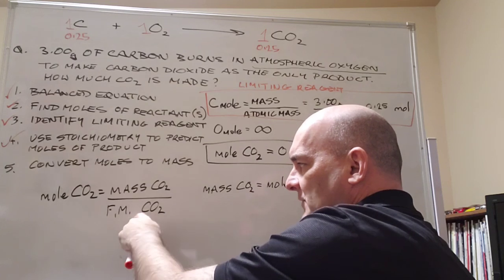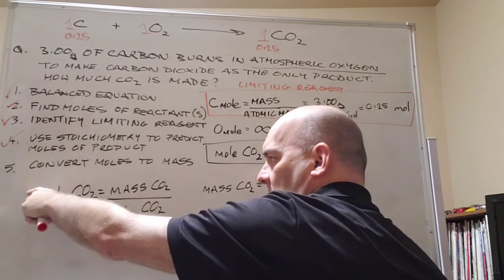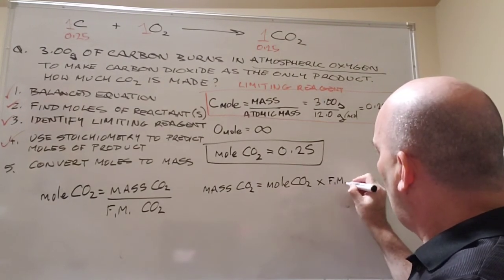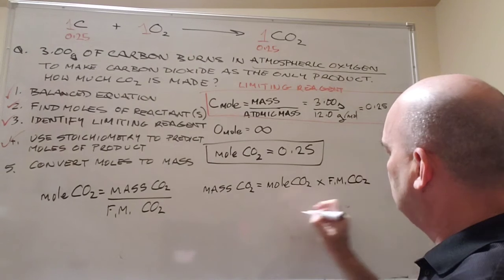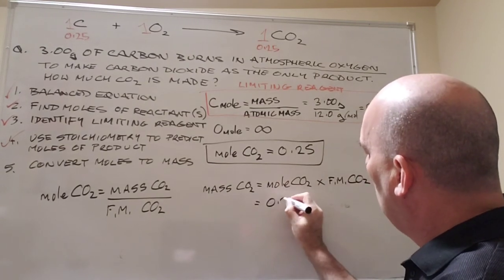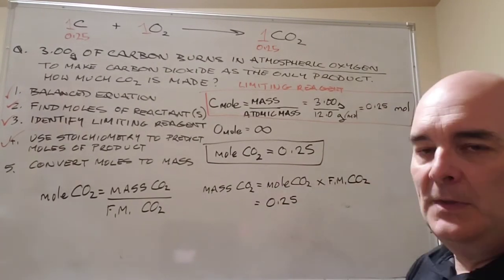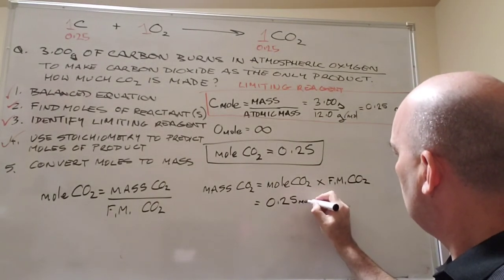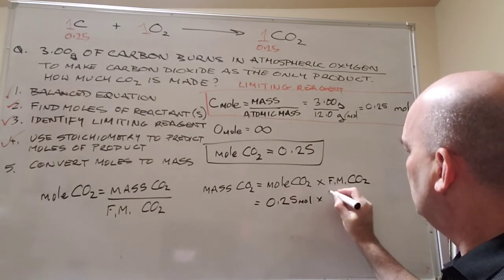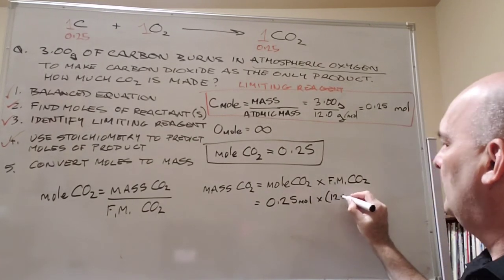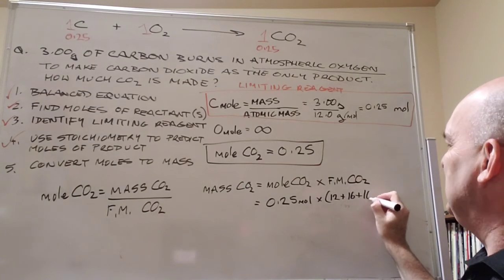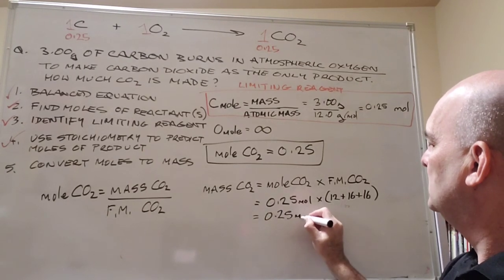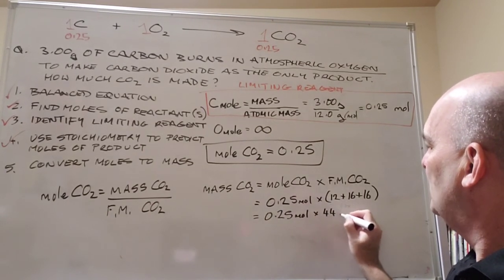I'm going to move the formula mass across the equal sign, so it ceases being a denominator and starts being a numerator. The moles of carbon dioxide is 0.25. And the formula mass of carbon dioxide is 12 for the carbon and 16 for each of those oxygens. It's 44.